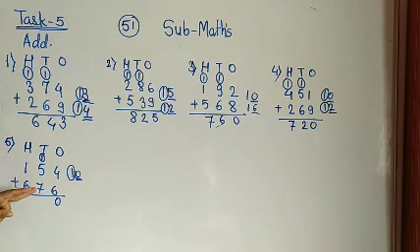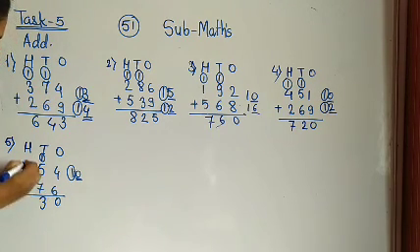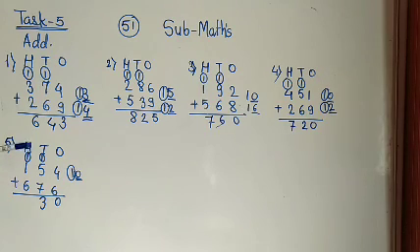So 7 plus 5 is 12 and 12 plus 1 is 13. So in 13, 3 is here, 1 is a carry forward. Next one, 1 plus 6, 7, and 7 plus 1, 8. So what is the answer, student, here? 830. Okay?